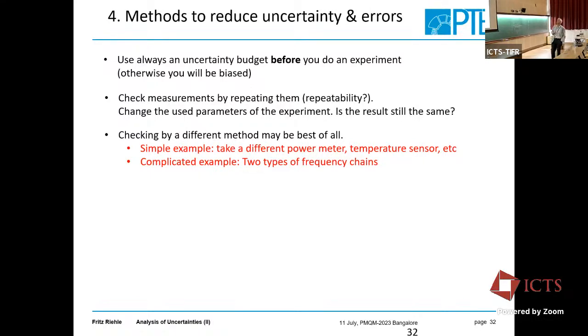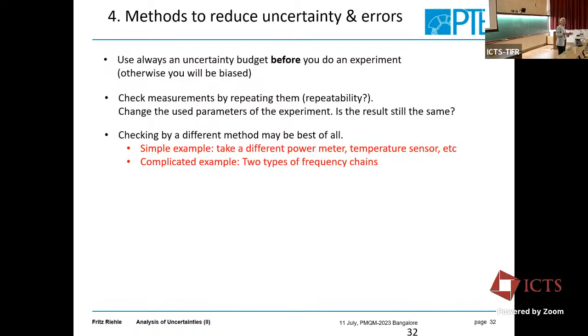The other thing that is important, change the parameters of the experiment. And is the result still the same? Do the measurement during the nighttime and during daytime. You can find problems at this step because during the nighttime, usually the lab is empty. During daytime, a lot of noise is going on.